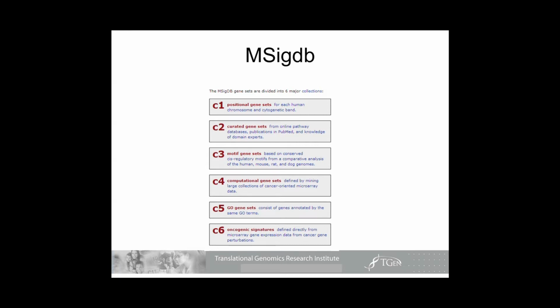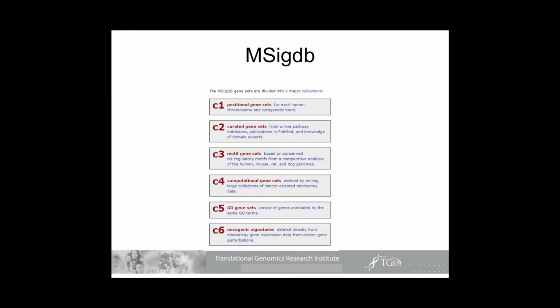So if you're interested in, say, a specific region of the genome, you can mine positional gene sets. There are curated gene sets, which are the pathway gene sets. So they are KEGG and various other databases.